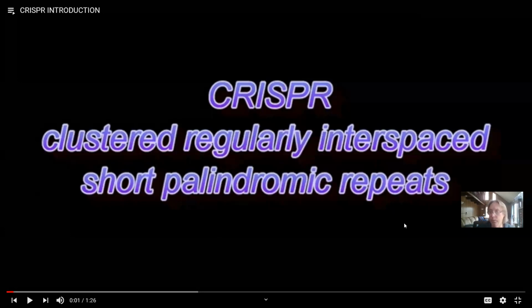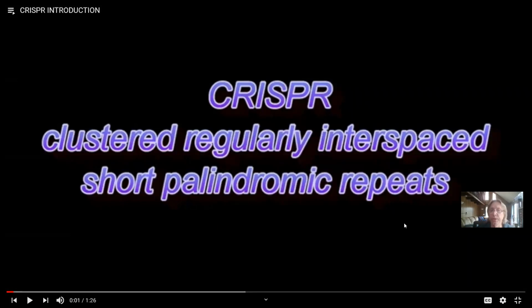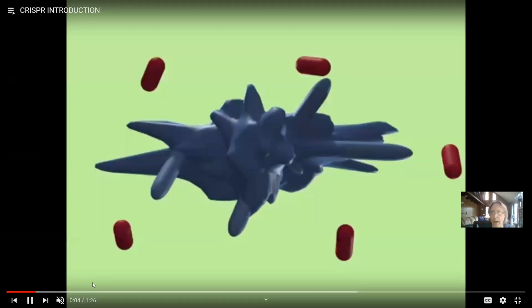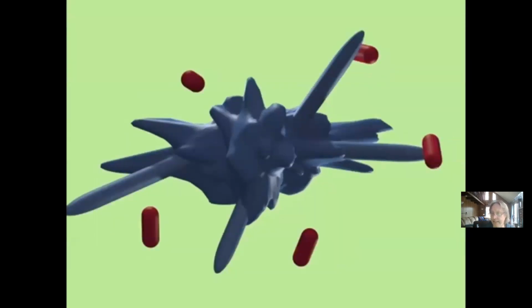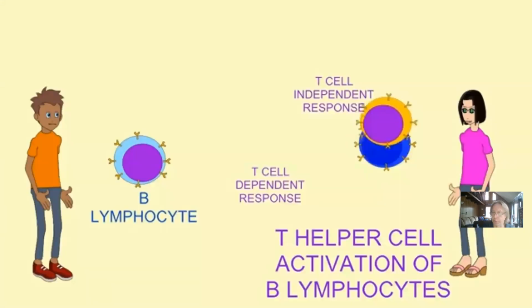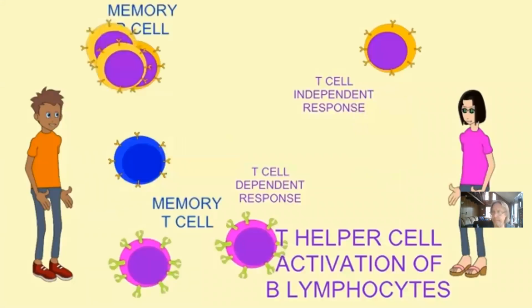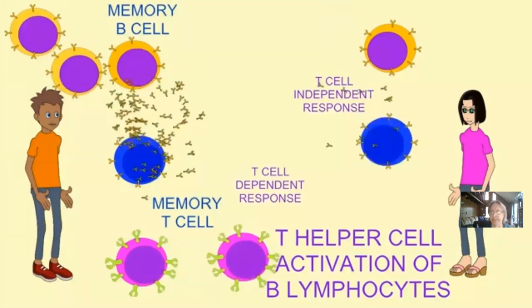One technique which is related to this is what's known as CRISPR, which stands for Clustered Regularly Interspaced Short Palindromic Repeats. Now, CRISPR originated in bacteria, and it is a defense that bacteria use to learn how to better fight viruses in the future.